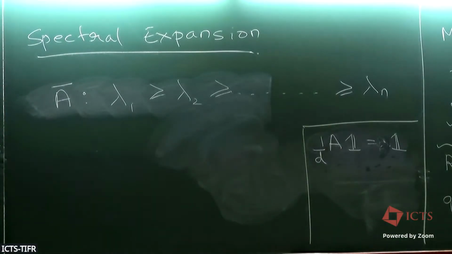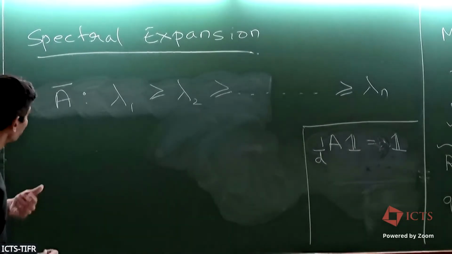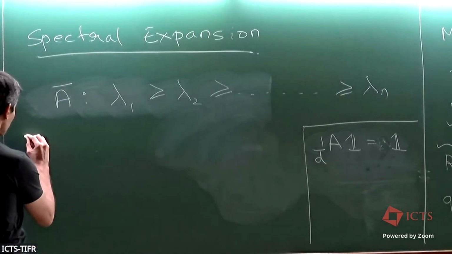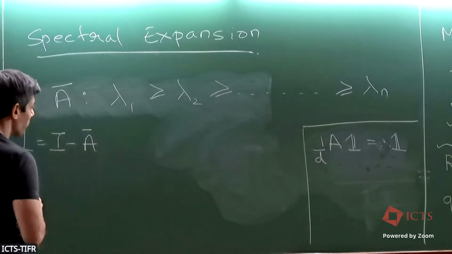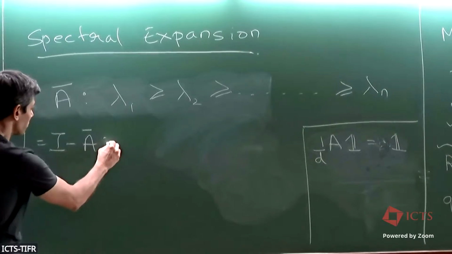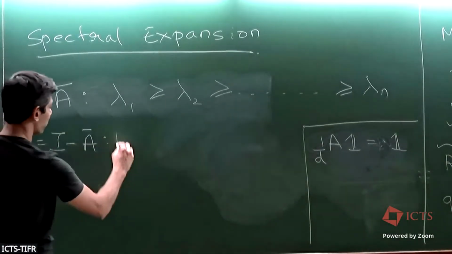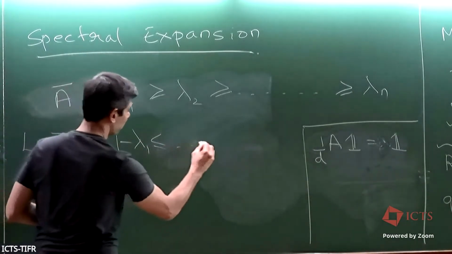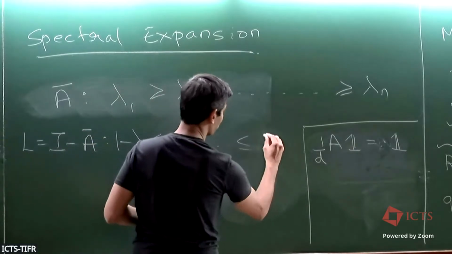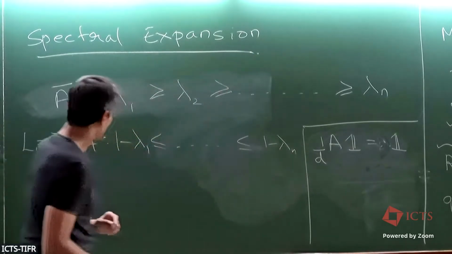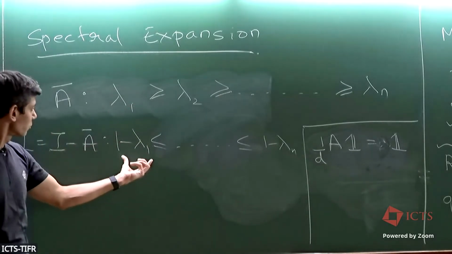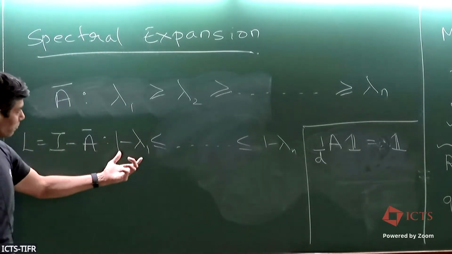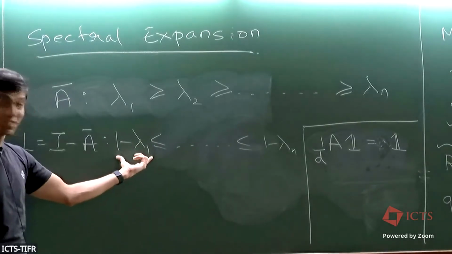There is another way to see this, which is to define the Laplacian, which is identity minus A bar, and its eigenvalues will be 1 minus lambda 1, and so on, 1 minus lambda n. Saying that lambda 1 is equal to 1 is the same as saying that this is equal to 0, and it's also a nice exercise to prove that this is at least 0.